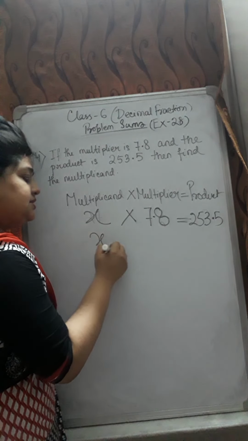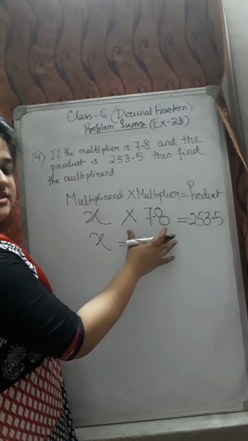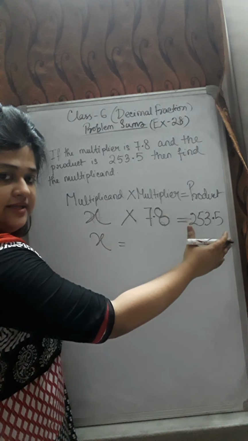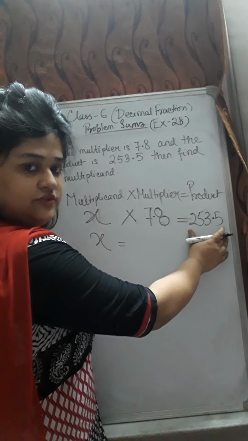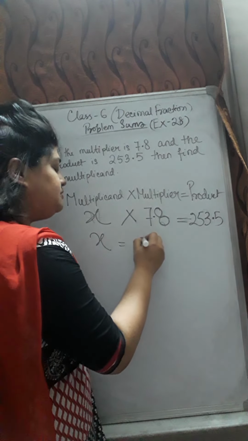We keep it on one side and shift the numbers to the other. Now when 7.8 is multiplied and it is shifted to that side, it becomes divided by, so 253.5 will be divided by 7.8.